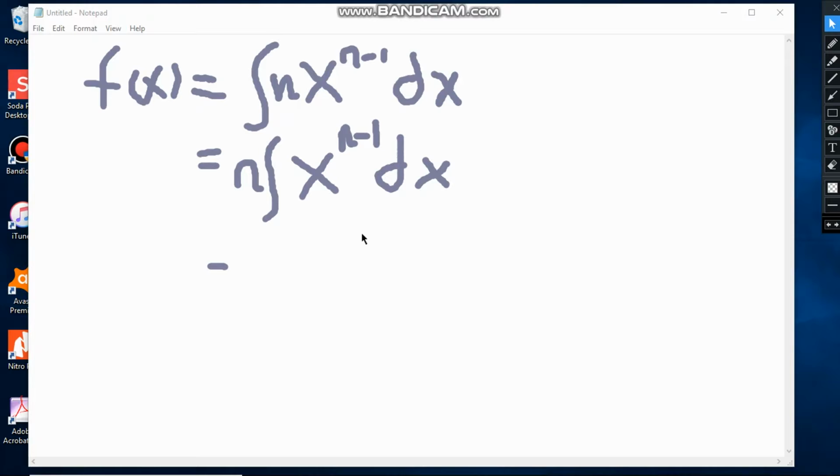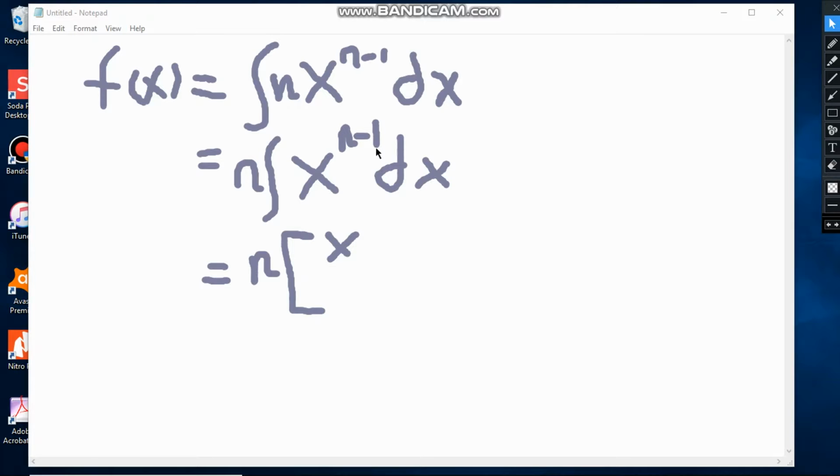Okay. We have already shown that this n is a constant, but to go out of the integral sign, we must add 1 to this power and divide by this 1.